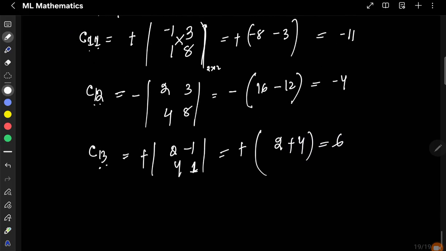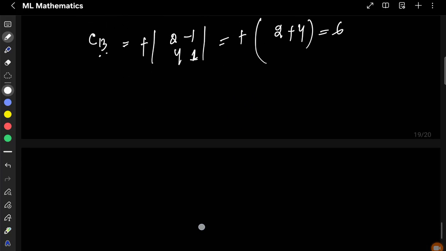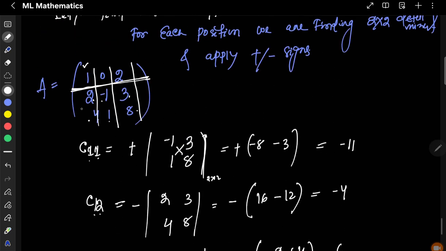Like this you will be calculating for every row's element. So you will have C21, meaning this particular row, this particular column. If this particular row and column are ignored, then you get 0 2, 1 8.